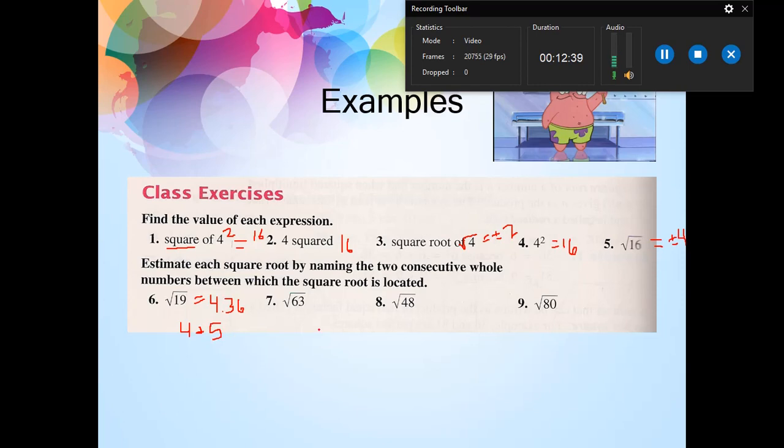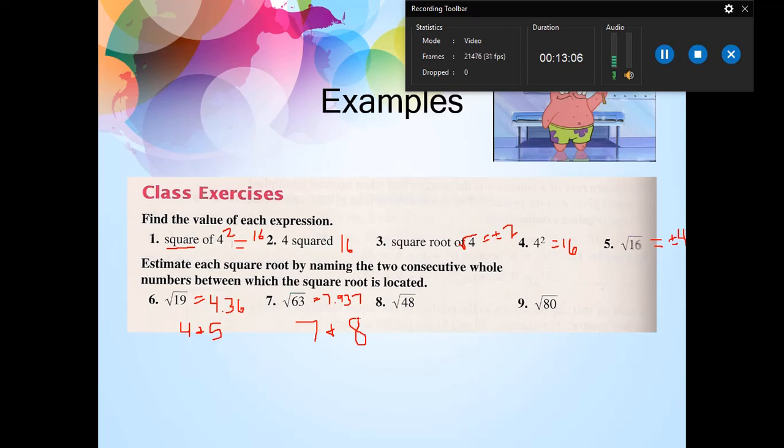For number 7, the square root of 63. On the iPad, it's a little over 7. Actually, it's closer to 8. This is 7.937. So that tells me that the square root of 63 falls between 7 and 8.